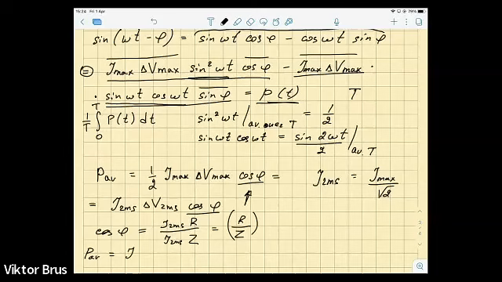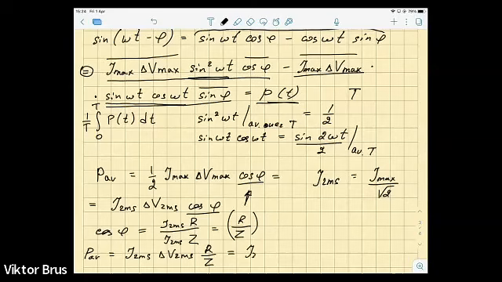So we have I RMS times delta V RMS, and now instead of cosine phi, we have R divided by Z. Let us rearrange it a little bit.